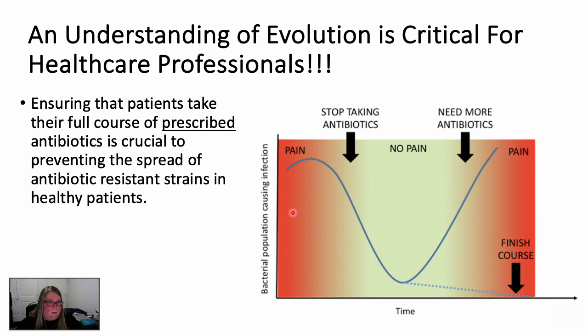Okay, so we have symptoms, right? Our patient is in pain. Okay, they come and finally get help. We prescribe antibiotics. Okay, they start taking the antibiotics. Well, their bacterial infection is going to decrease. Their pain is going away. They're going to start feeling better.